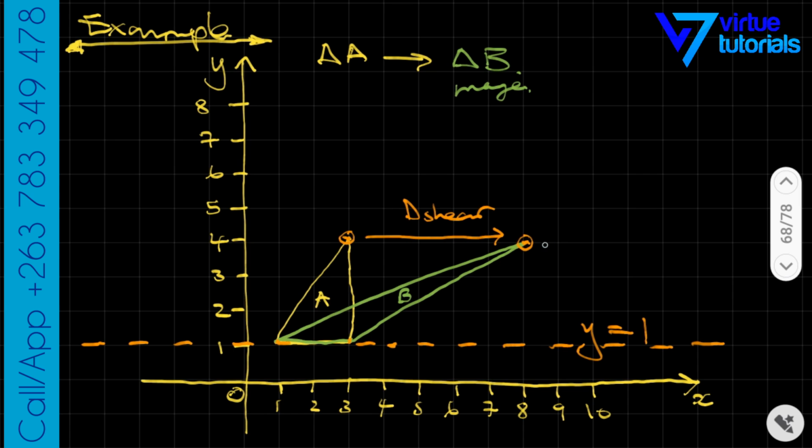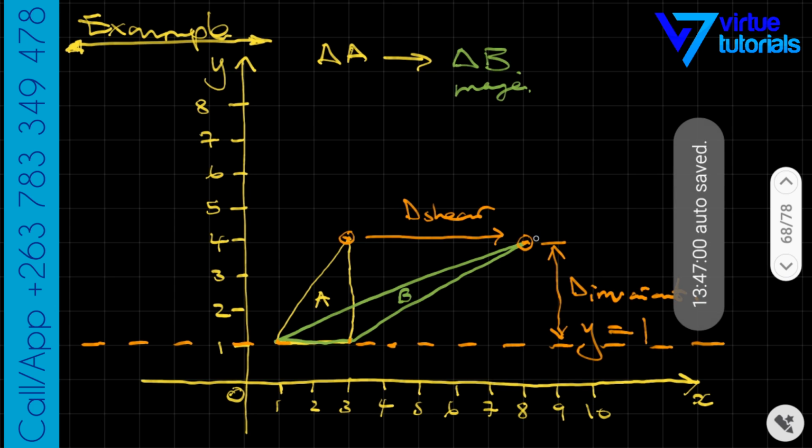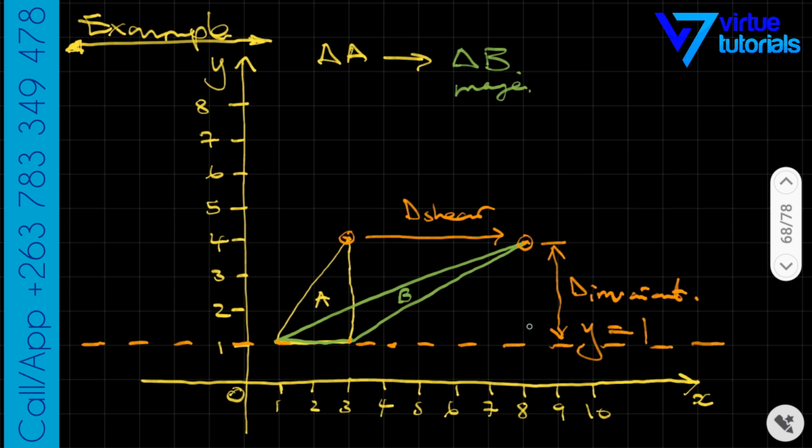Then from the sheared point, there's another distance we need to take note of, which is this distance, the distance to the invariant line. So for every shear, you need to take note of 2 distances: the distance moved by the sheared points and the distance of the sheared points to the invariant line.